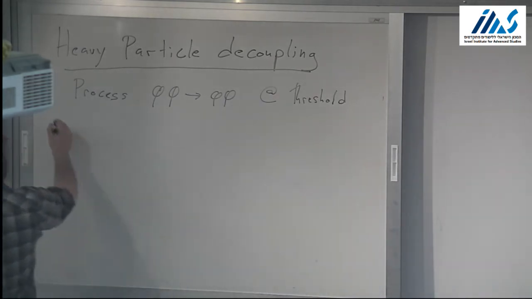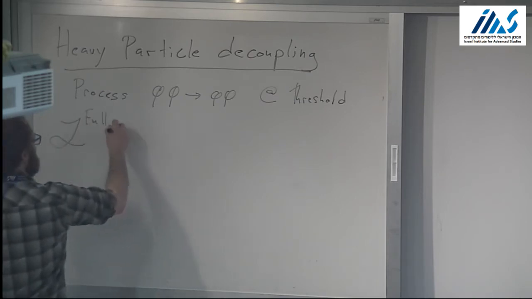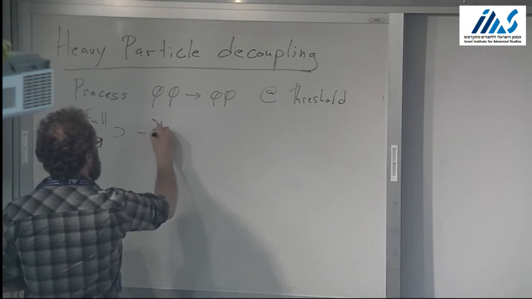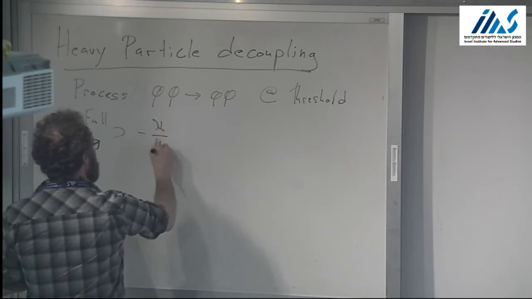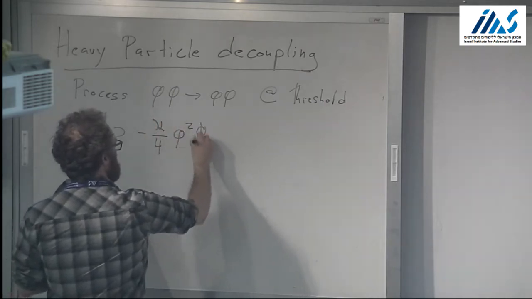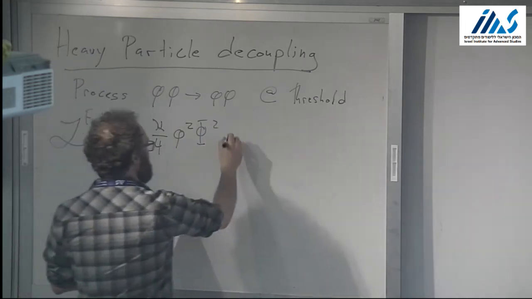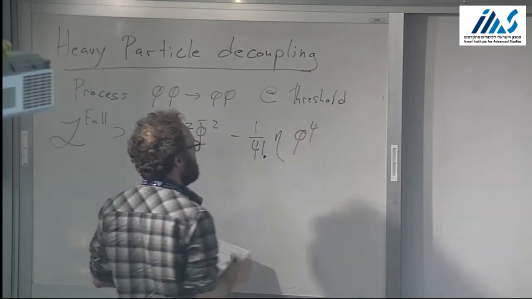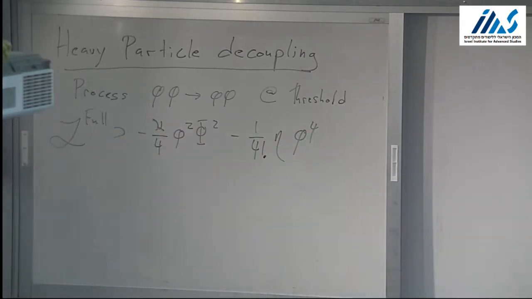And my full theory Lagrangian is going to include, I'll call the coupling kappa between little phi and big phi, and the self-coupling of little phi in the full theory I'll call eta, the same parameter I used yesterday.